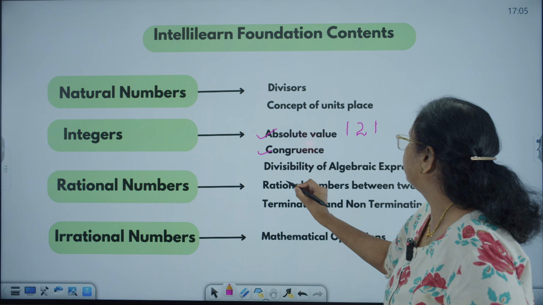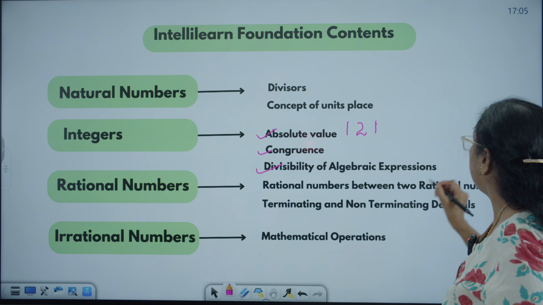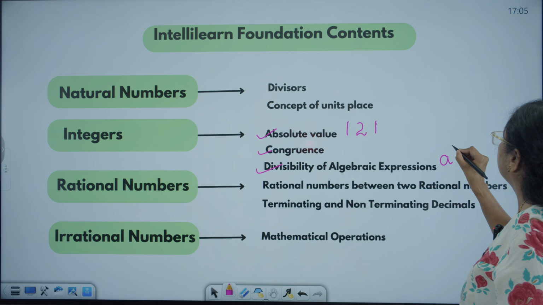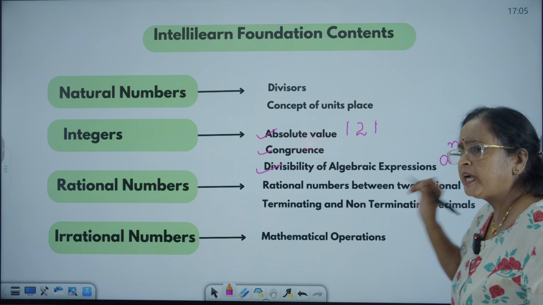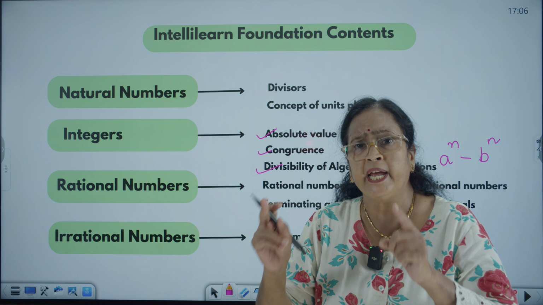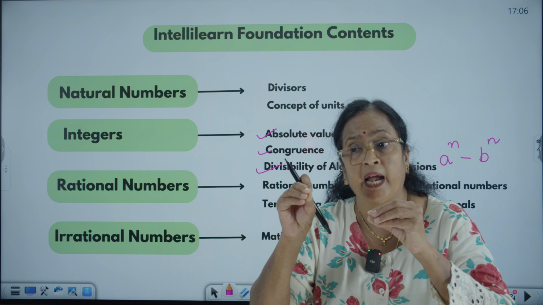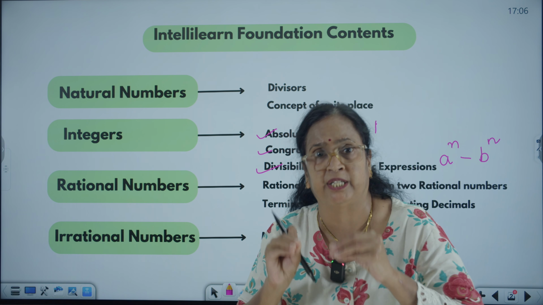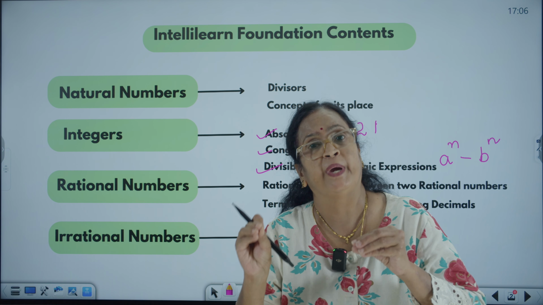Now, coming to divisibility of algebraic expressions. Now, expressions means like a to the power n minus b to the power n. Here I have written minus, it can be plus also, alright. So, expression means you are putting a mathematical operation of addition or subtraction between two variables.